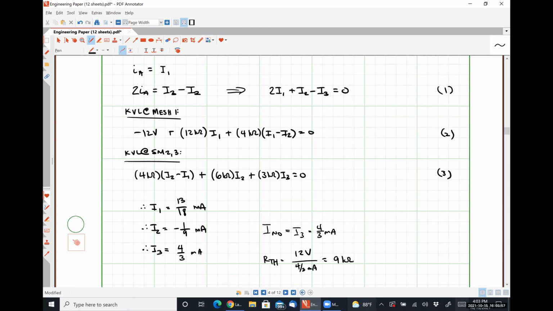All right. So what is our time constant? It's 9 kilo ohms times 100 microfarads, which is 0.9 seconds. And the inverse of tau would be 10/9.